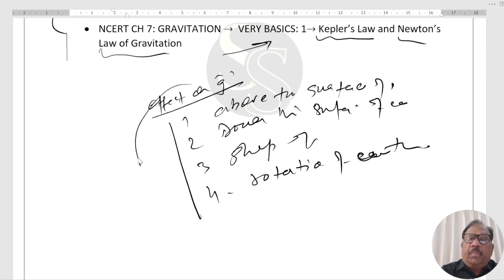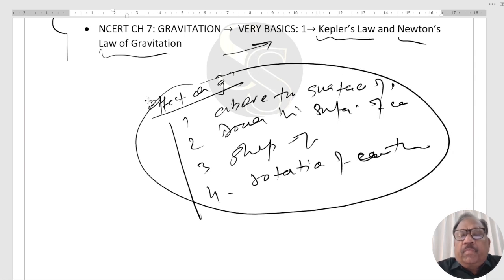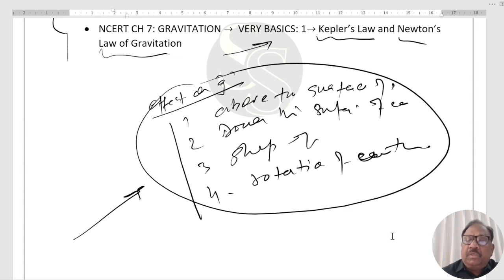All these topics are going to be discussed through this session, which are very, very important for all entrance purposes. It is requested, please go through the complete session. Let's start with the concept and question.